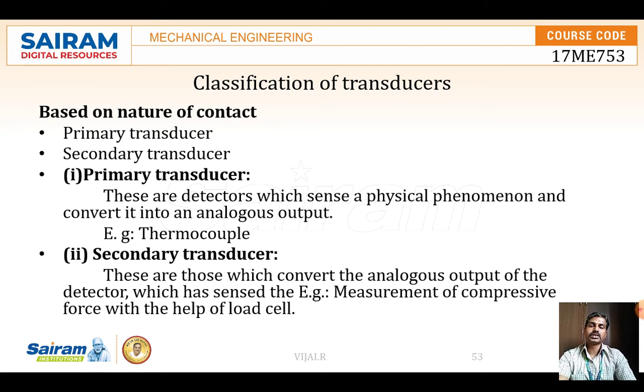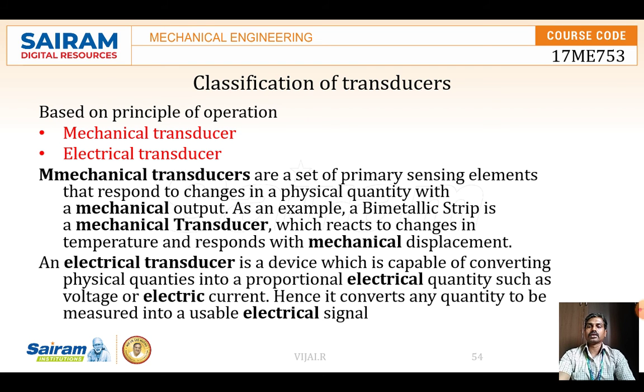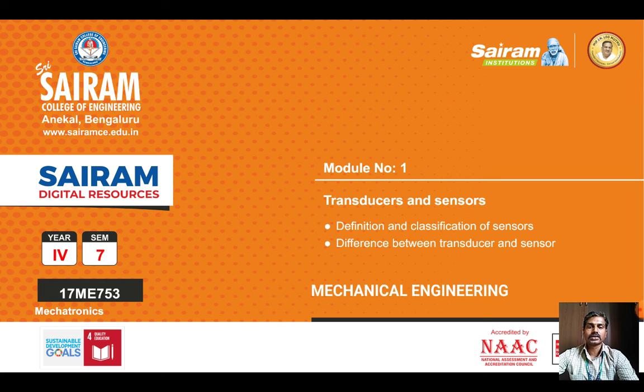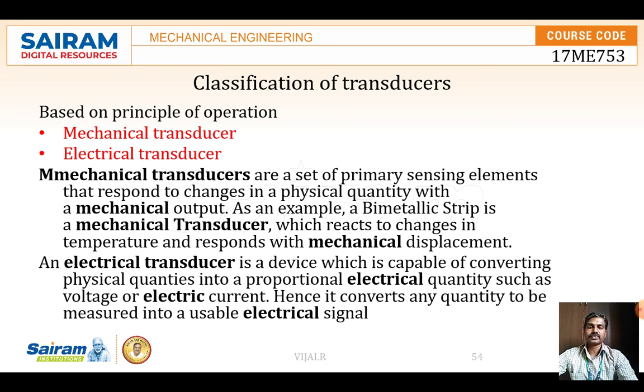Primary is the one which detects the physical phenomenon and converts it to an analogous output, and secondary takes the analogous output and converts it to another form. The basic principle is mechanical or electrical: one which gives mechanical output or one which gives electrical output. That is the classification of transducers.